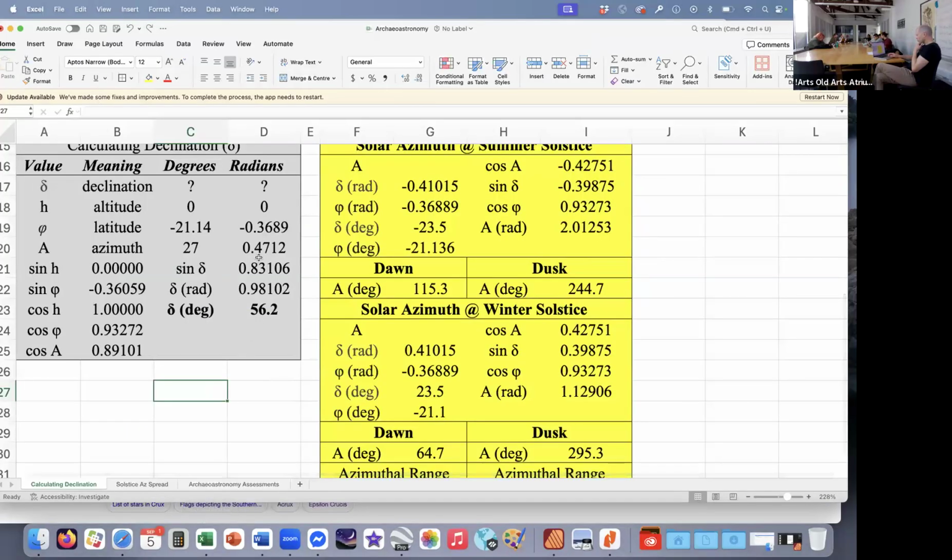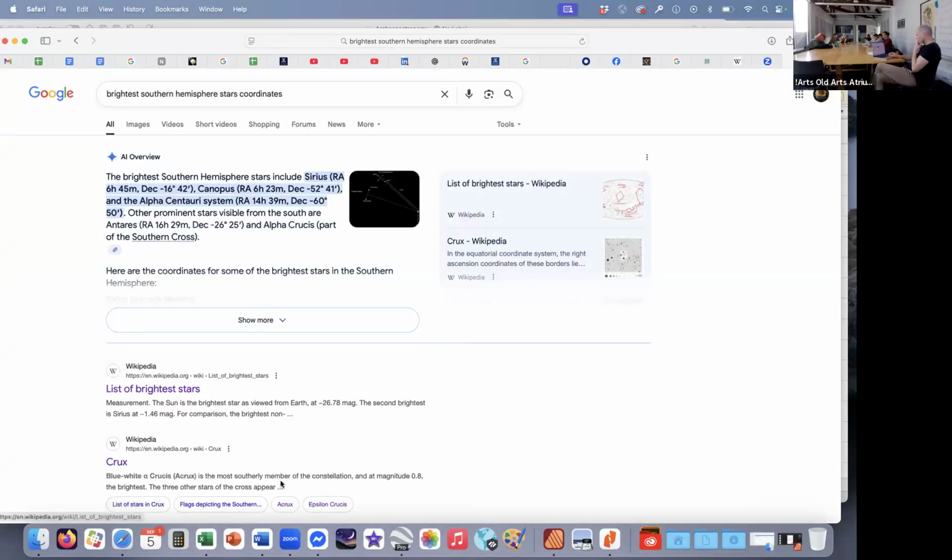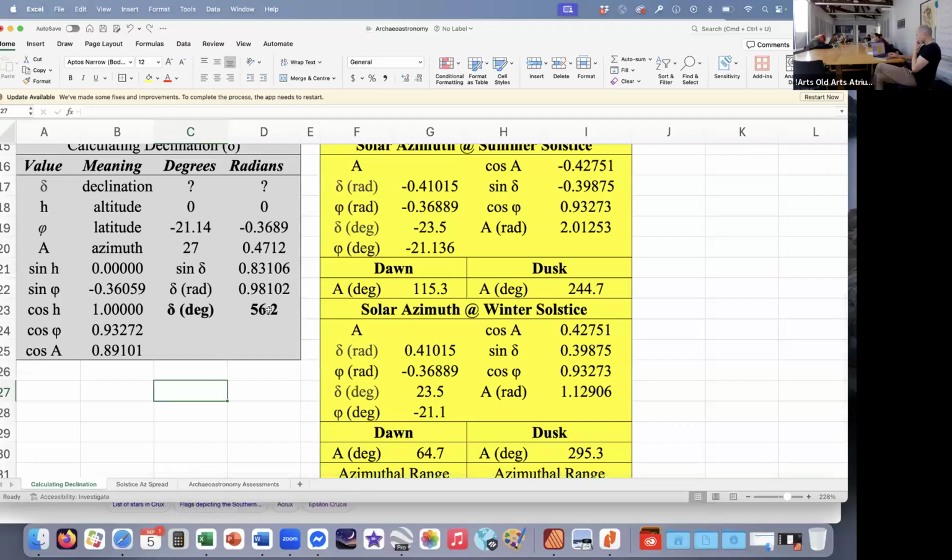It's not going to be super bright. Keep in mind, it's giving us a declination of 56 degrees.